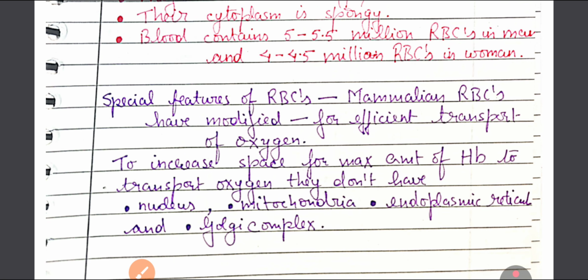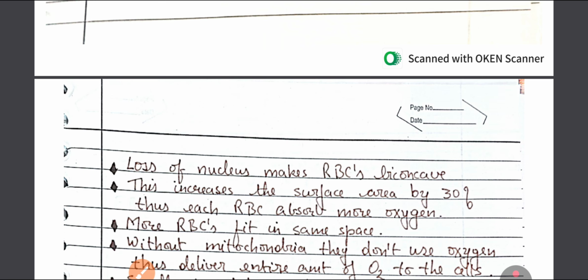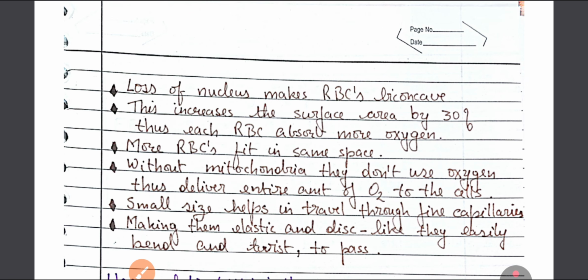Special features of RBCs: mammalian RBCs are modified for efficient transport of oxygen. And how have they been modified? They don't have a nucleus, mitochondria, endoplasmic reticulum, or Golgi complex, so that they can carry the maximum amount of hemoglobin, which combines with oxygen and provides it to the cells of tissues and other body parts.